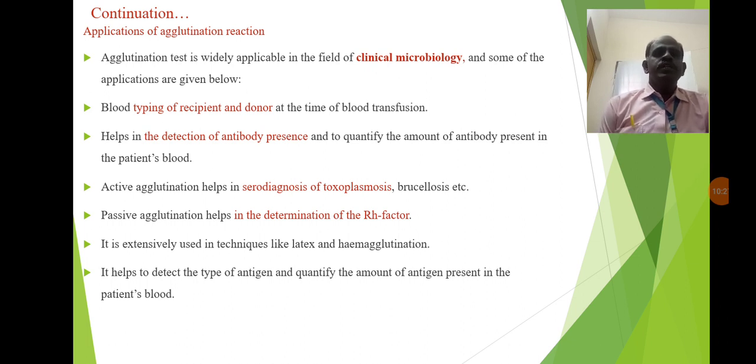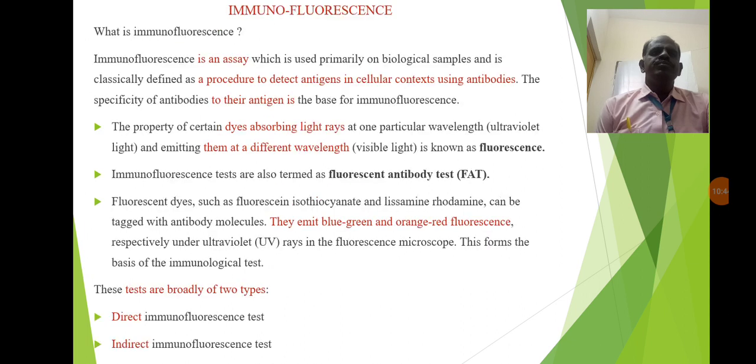It also helps in serodiagnosis of toxoplasmosis. It helps in the determination of the Rh factor. It is extensively used in techniques like latex hemagglutination. It helps to detect the type of antigen and quantify the amount of antigen present in the patient's blood.